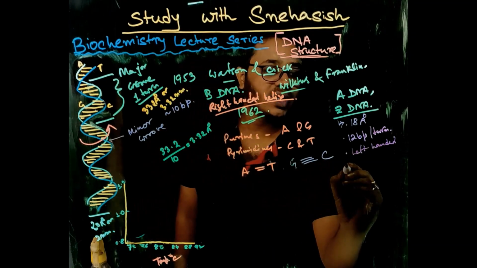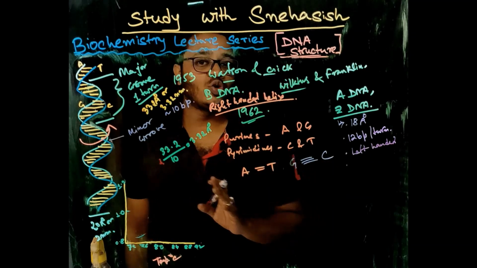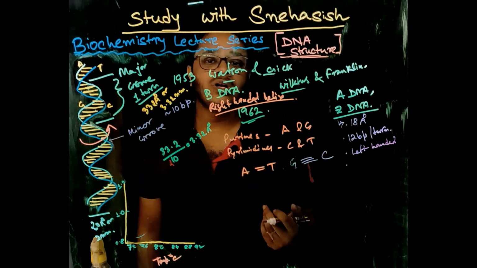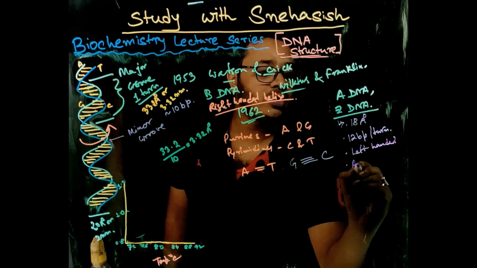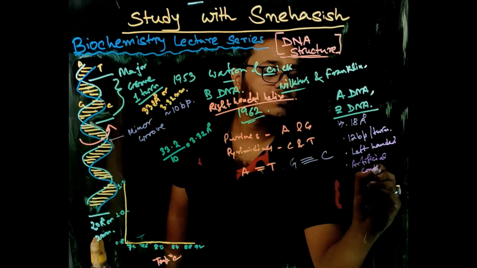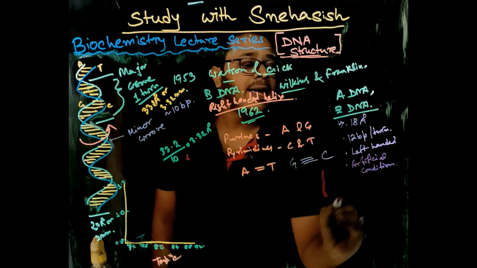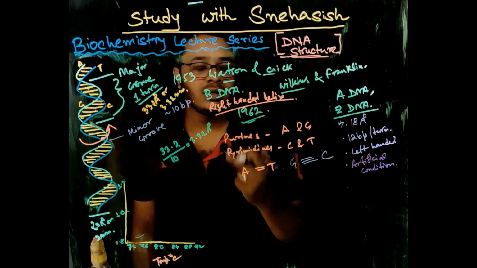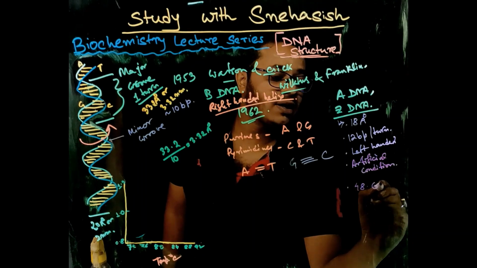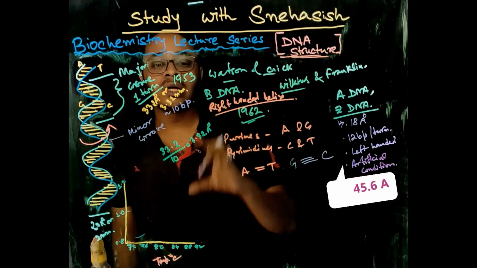The Z-DNA is not actually found in natural condition, rather it is usually found in artificial condition. And one turn has 48.6 Angstrom of pitch.